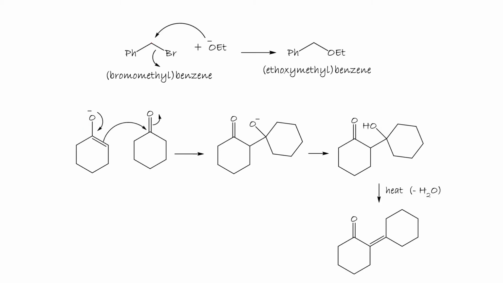So we can get ethoxybenzylbenzene, or benzyl ethyl ether, via the reaction of benzyl bromide with the ethoxide. Also, the enolate will react with cyclohexanone to form this ion which is protonated to get the beta hydroxy species, and upon heating, elimination of water forms a double bond in here.